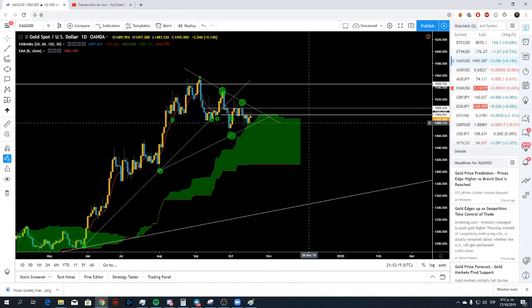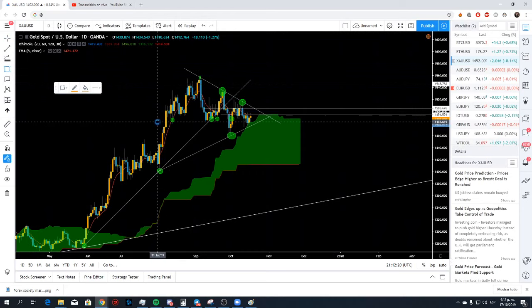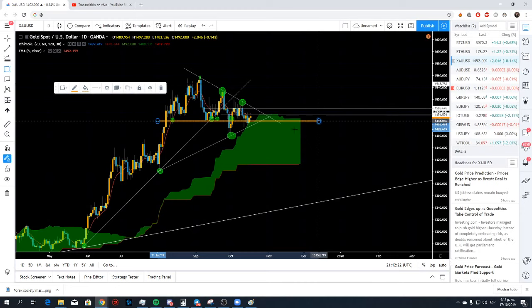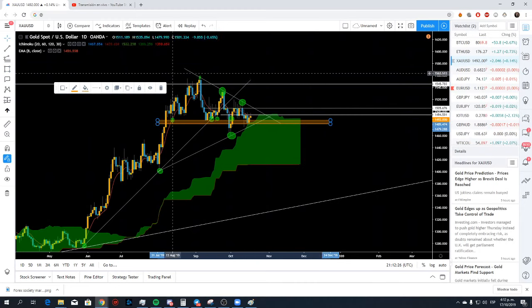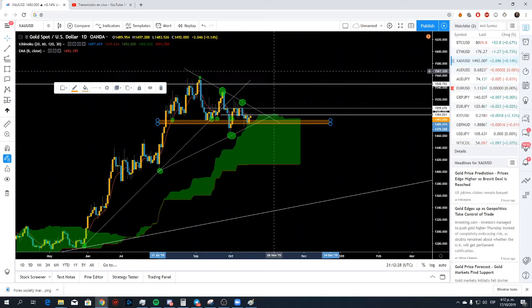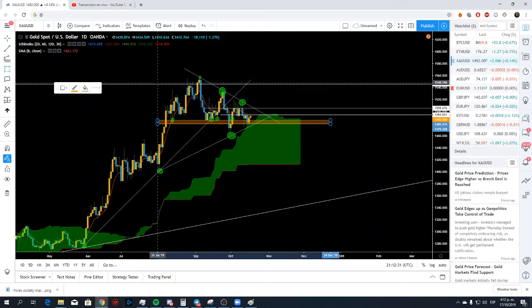I wouldn't do anything. We got this big resistance, this big support here. We got these two big resistance and support.